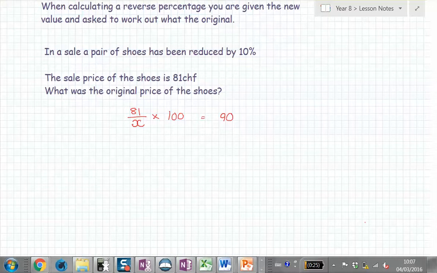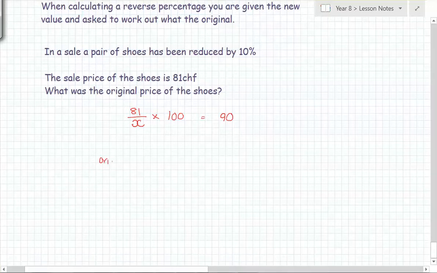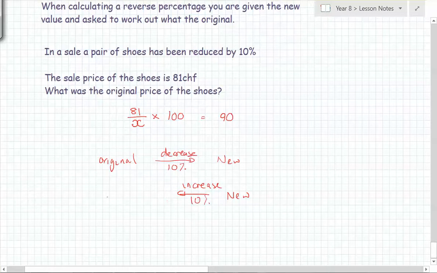But the mistake people make is this: if I start with the original price and decrease by 10%, I get the new price. What's not true is take the new price and increase by 10% to get the original.